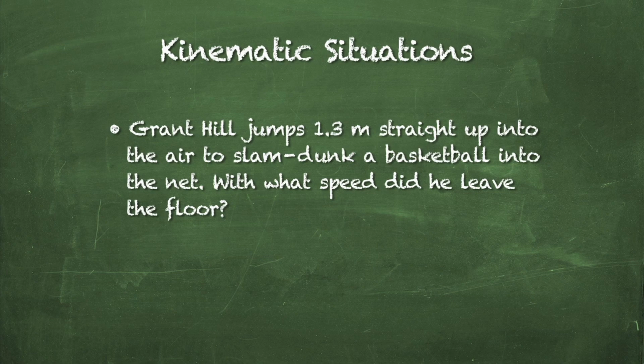Well, actually, we'll have to infer the change in speed. If he's jumping 1.3 meters straight up, that means that he was initially moving upwards. And if he only moved 1.3 meters up, then at the top of his jump, he comes to rest for just a moment. So we know that at the top of his jump, his velocity will be 0. So we do have a change in position, we do have a change in velocity.